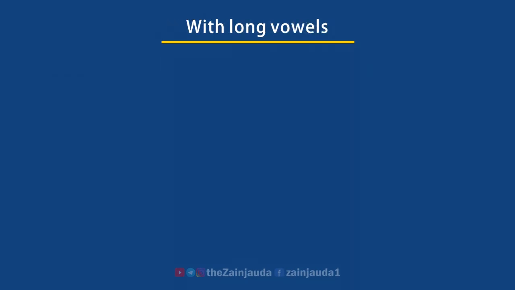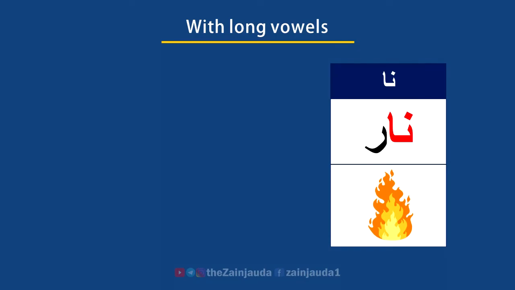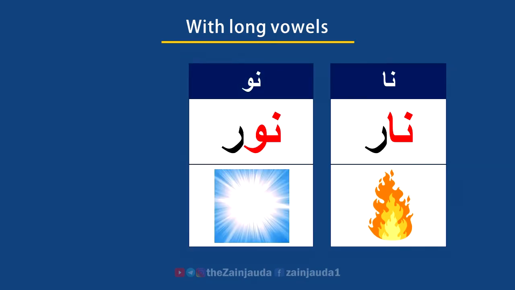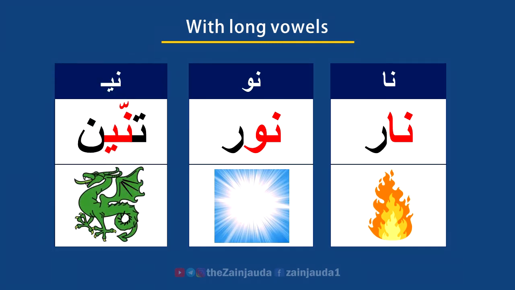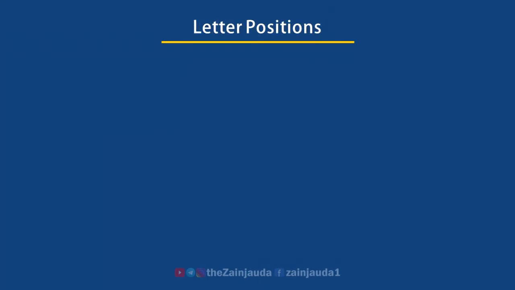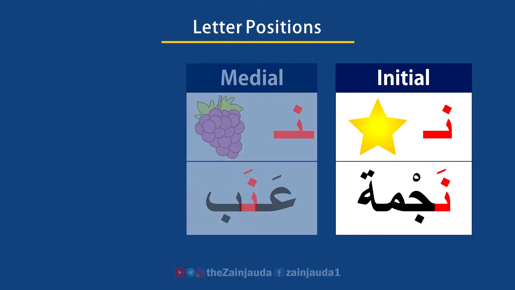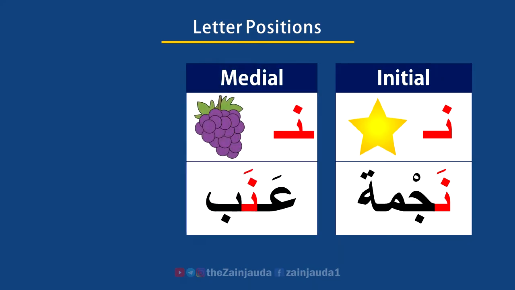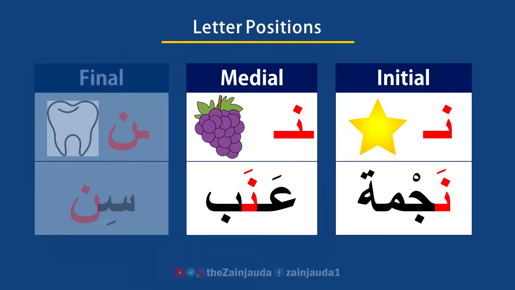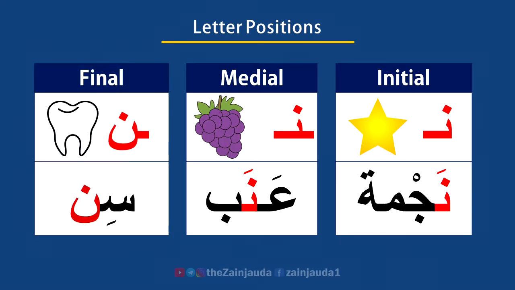With long vowels we have nar, nur, which means light, and tinnin. As far as the positions of Noon, in the first position, najma; in the medial position, anab; and in the final one we have sin.